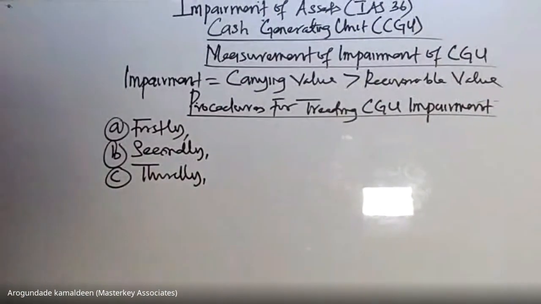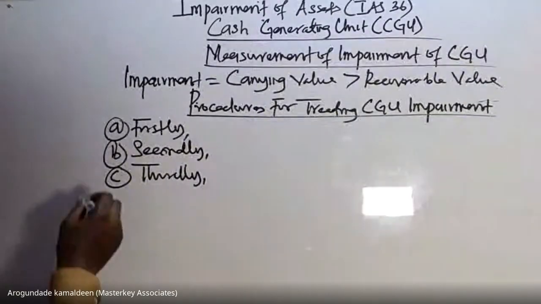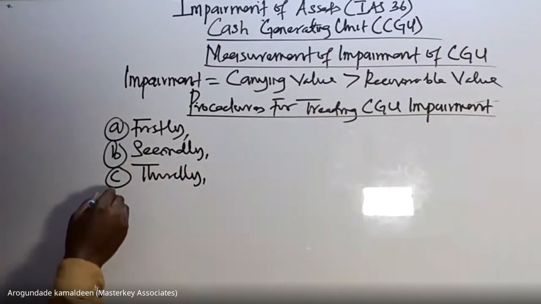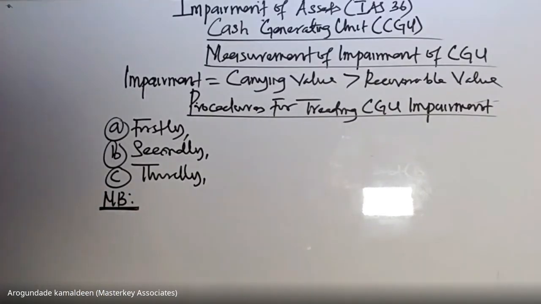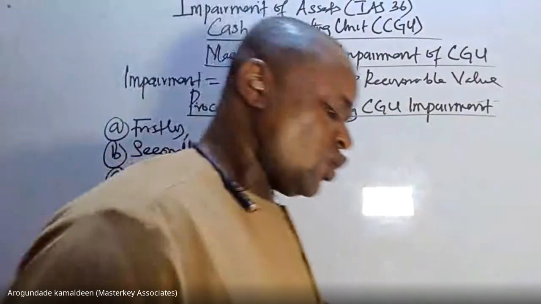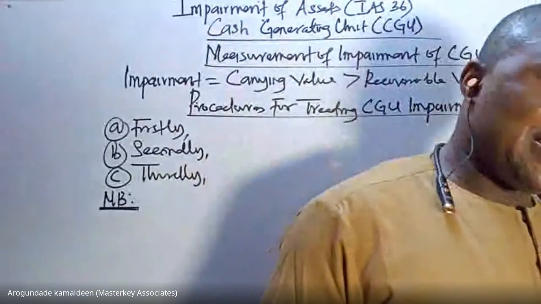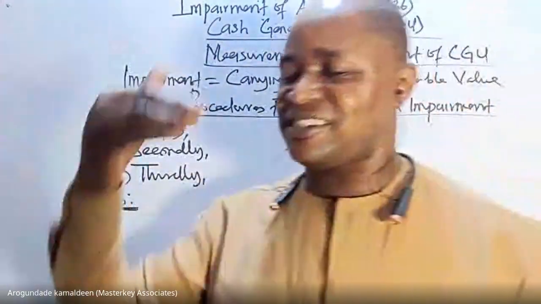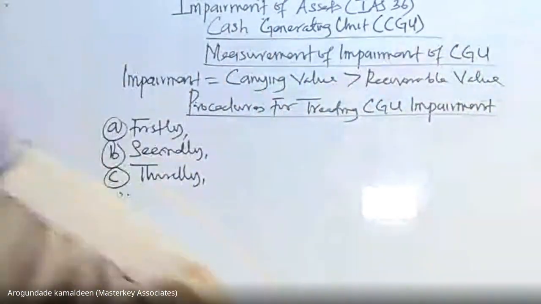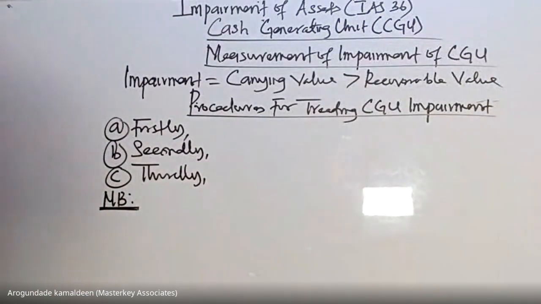Is that clear? Now, when you are prorating, remember, please, a condition. Do not allocate impairment to monetary assets. Is that clear?